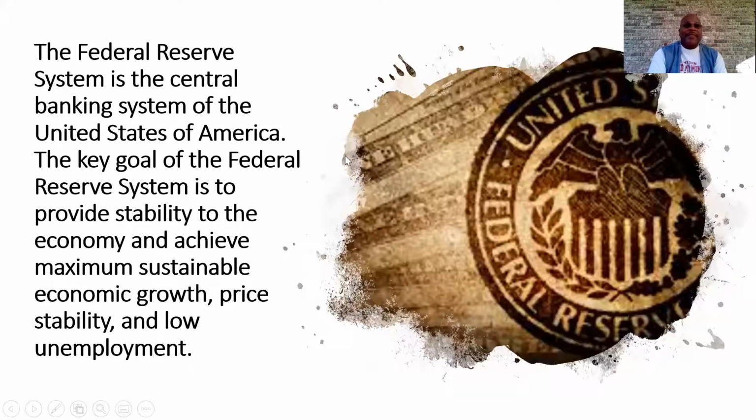The Federal Reserve System is the central banking system of the United States of America. The key goal of the Federal Reserve System is to provide stability to the economy and achieve maximum sustainable economic growth, price stability, and low unemployment.